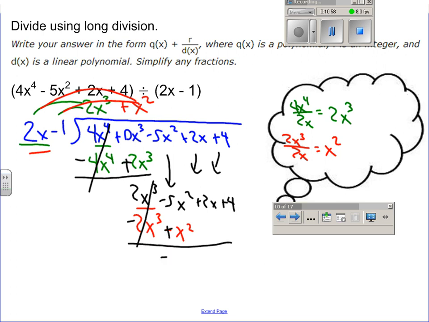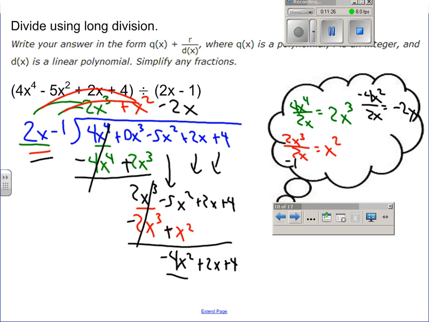Now we have negative 4x squared plus 2x plus 4. And this one's a hefty one. So now I need to do 4x squared divided by 2x, specifically negative 4x squared. So let me do it over here. Negative 4x squared divided by 2x is negative 2x. So I have minus 2x here.